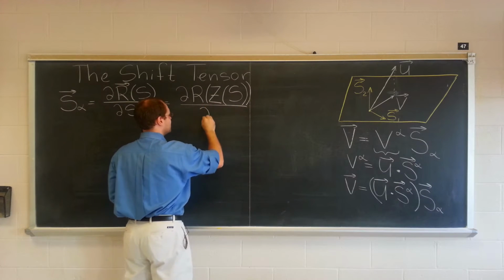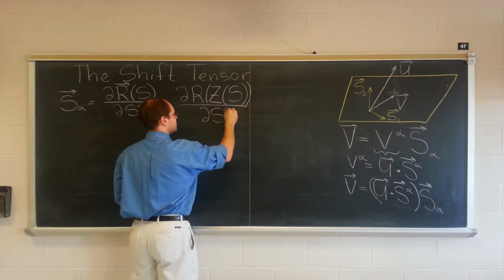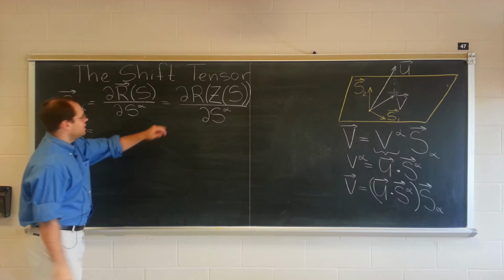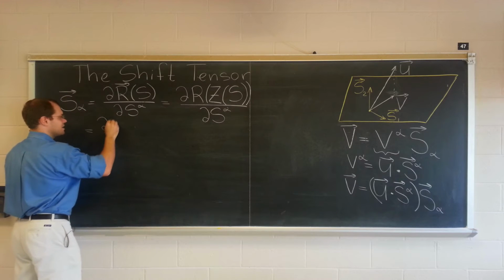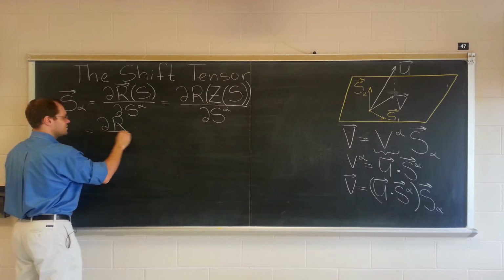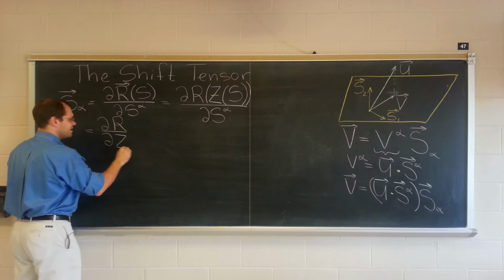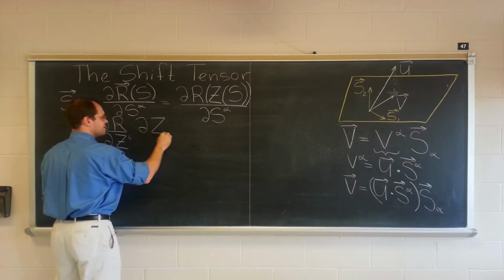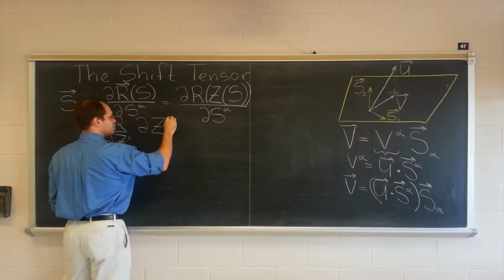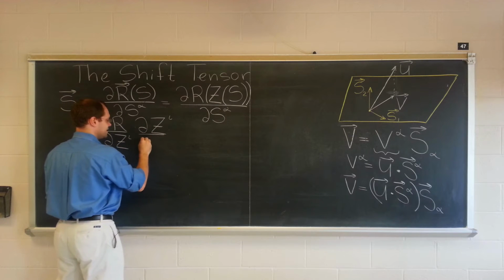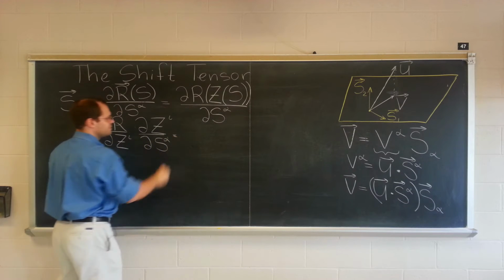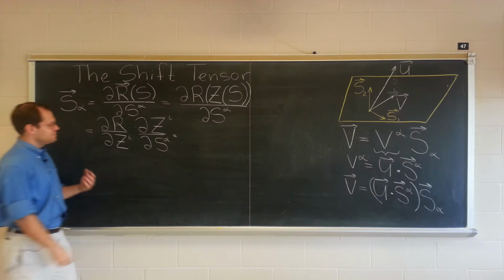So very similar to something we did just a few minutes ago. And now applying the chain rule, and we will have, well, we might as well write down what we'll have. dR/dZ^i, dZ^i/dS^alpha. And we'll write things again in the opposite order.